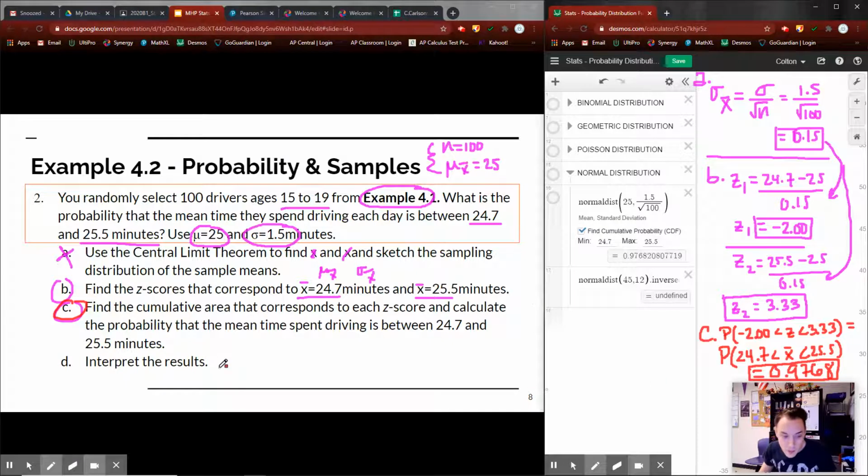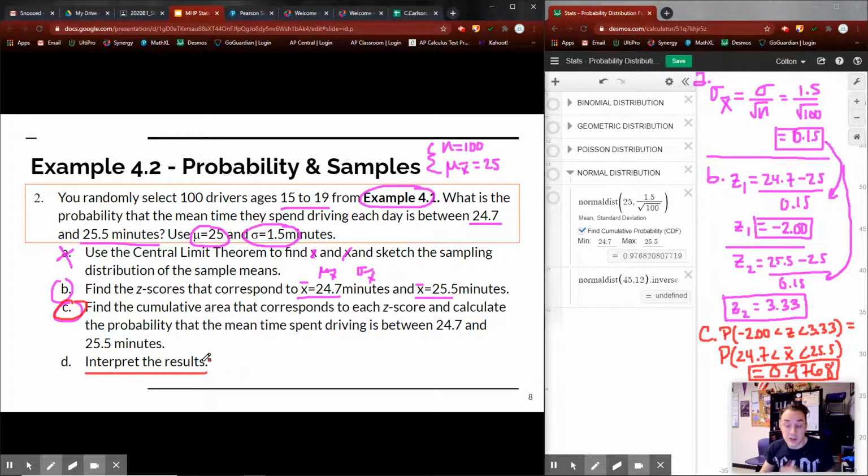D, interpret the results, because we need to interpret it. I'm just going to speak it. I hope that's okay. Of the 100 drivers, approximately 97.7%, because the 8 rounds the 6 to a 7, about 97.7% of those 100 drivers, of 15 to 19 years of age, have a mean driving time of 24.7 to 25.5 minutes.